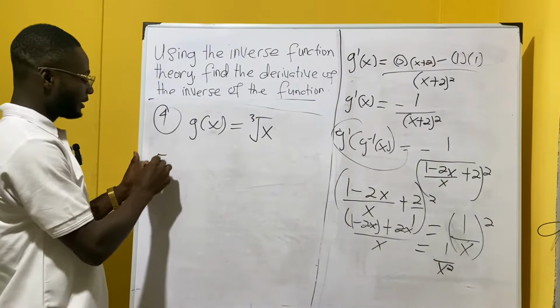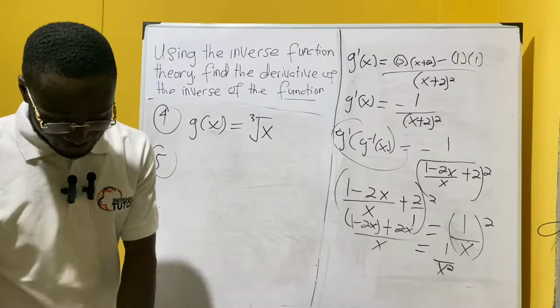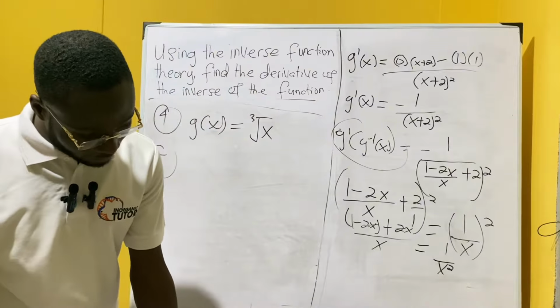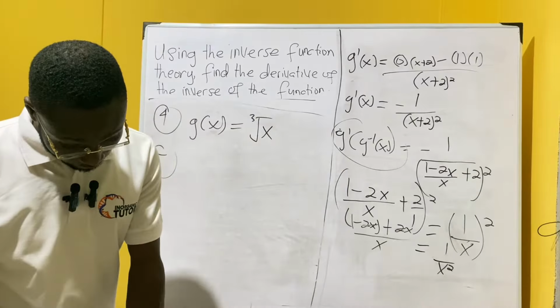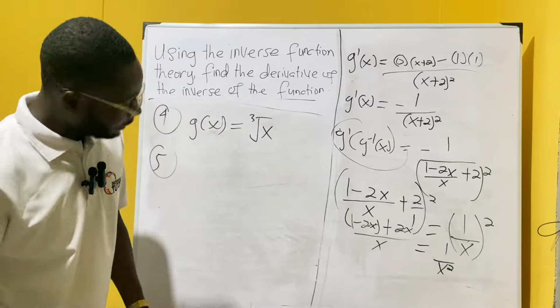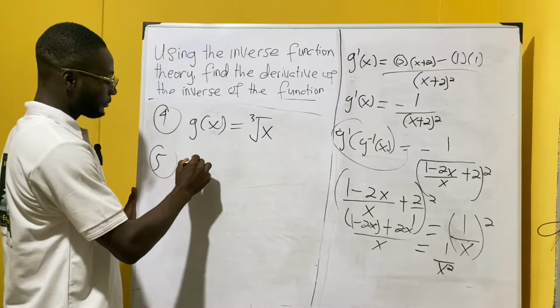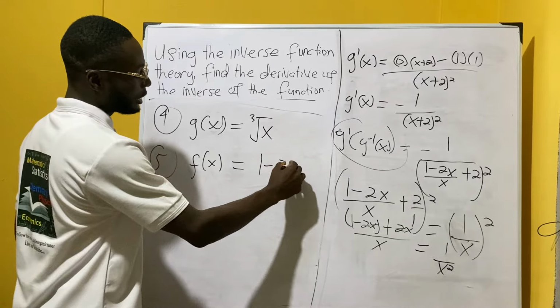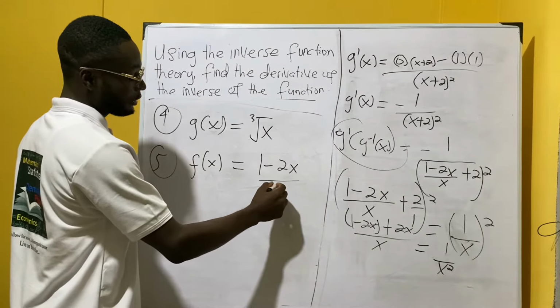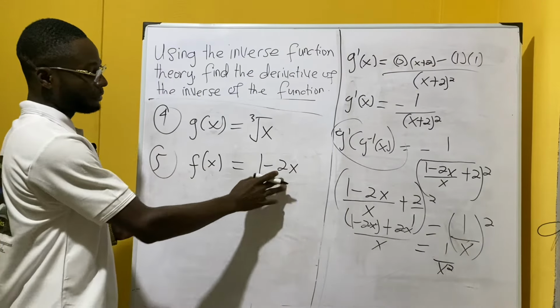And then the 5th one is f of x equals 1 minus 2x all over, let me give you this basic one.